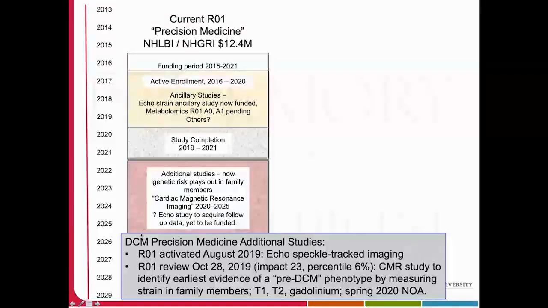We're very pleased that this echo R01 was activated this past summer, and we just received a review of the CMR imaging study, which would take family members forward. Emory is a part of that study. We took the 9 sites that were the highest enrollers with Siemens equipment, and you were in it. We're very pleased about that. We don't have a notice of award yet, but we think it will start this summer.